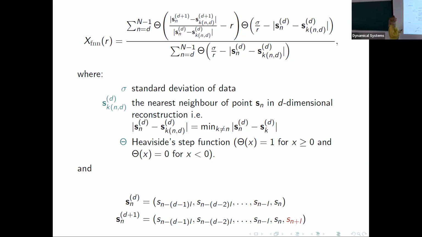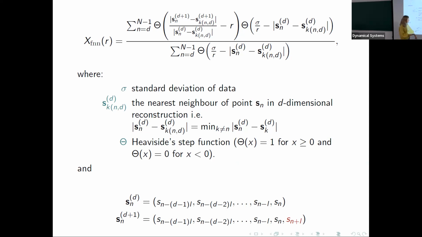Then I check their distance. So I know that these points, when I only look at their d coordinates, were close to each other. But then I check if this distance increases significantly, if I look at their, let's say, nearest evolution in the future.